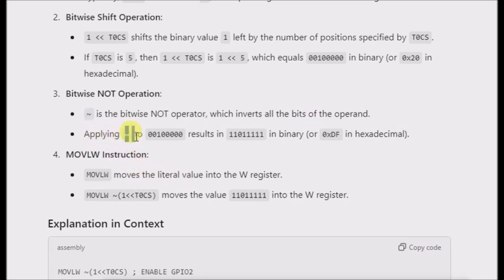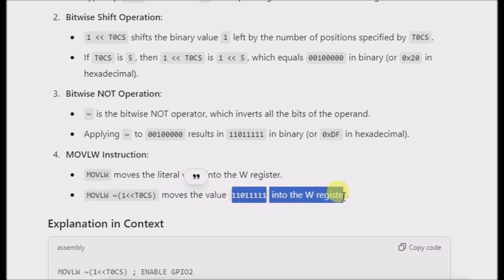Applying this to this results in this in binary or 0xDF in hexadecimal. movlw instruction. movlw moves the literal value into the W register. movlw ~(1<<T0CS) moves the value this into the W register.